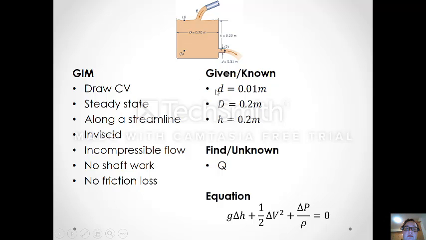Here is my list of knowns, and here's what I need to find. I need to find the volumetric flow rate, Q, at the top of my cooler. I'm going to use this equation, which is Bernoulli's equation, and so I would identify this primarily as a Bernoulli type problem.